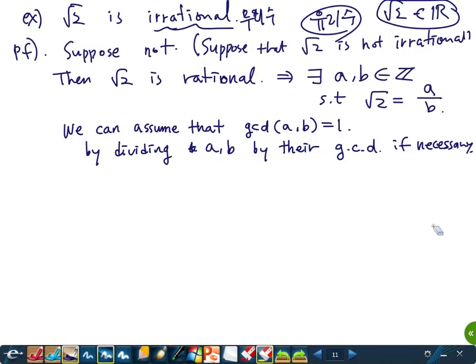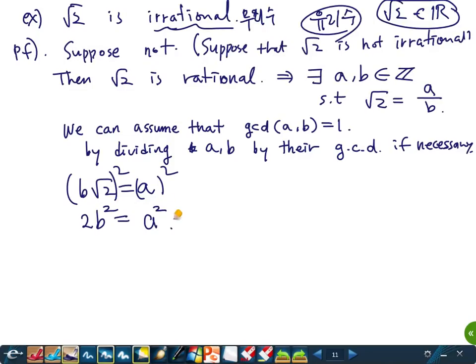Okay. Now we will do the following. Now b square root of 2 equals a, if you multiply b on both sides. Now take the square of this. If you do this, you get 2 times b squared equals a squared.